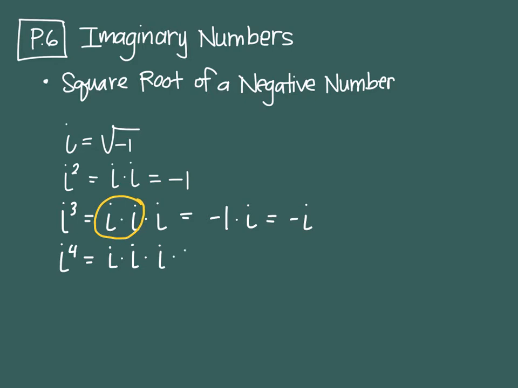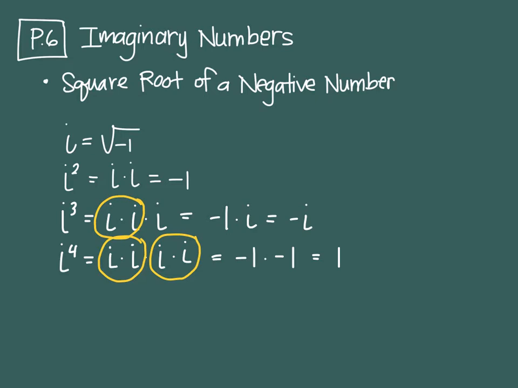And again, every two i's is worth a -1. So you've got two pairs. So that would be -1 times another -1, which converts itself to be +1.